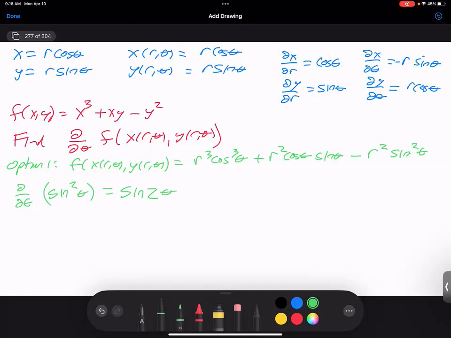All right, so let's check. d by d theta of sine squared theta, what does that equal? 2 sine theta cosine theta. And what does 2 sine theta cosine theta equal? Equals sine 2 theta. Don't doubt my daughter, please, okay? This is one of the issues with trig: depending on what I give you, I can write the same thing many different ways.